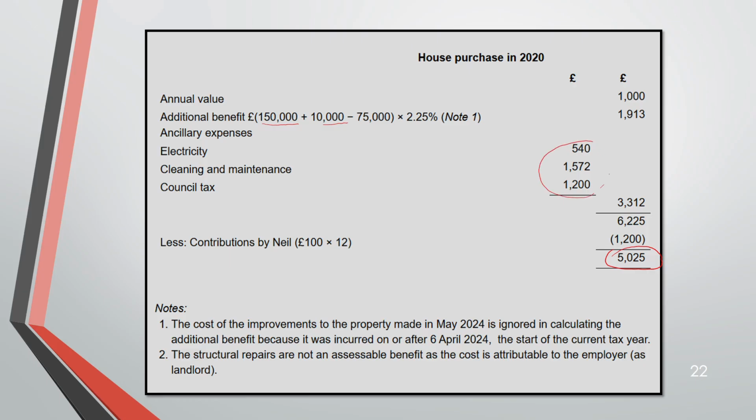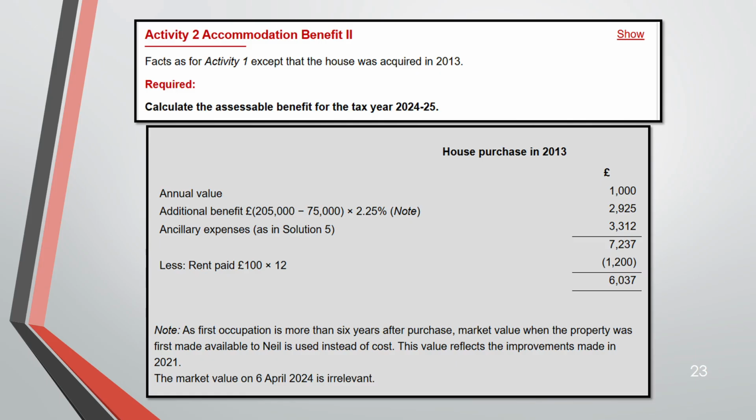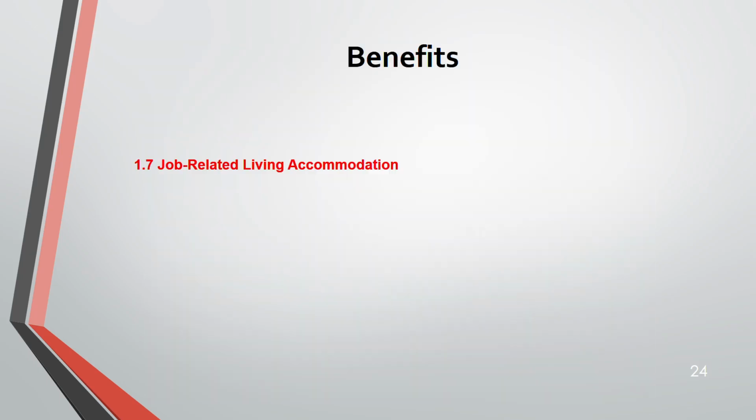We did not take the structural repair as it is with the landlord, and we deducted the employee's contribution and got this. In the second scenario, activity 2, it was acquired more than 6 years before. So we have used the open market value. This is the only difference. Everything else remains the same. And market value on 6th April 24 is irrelevant. Moving on to the next.